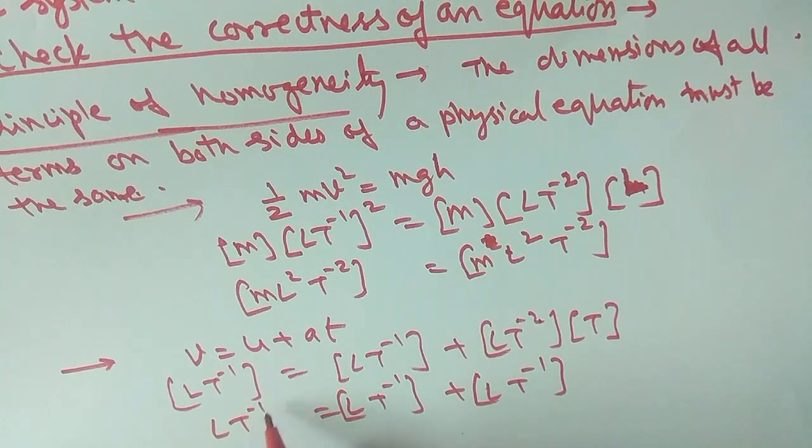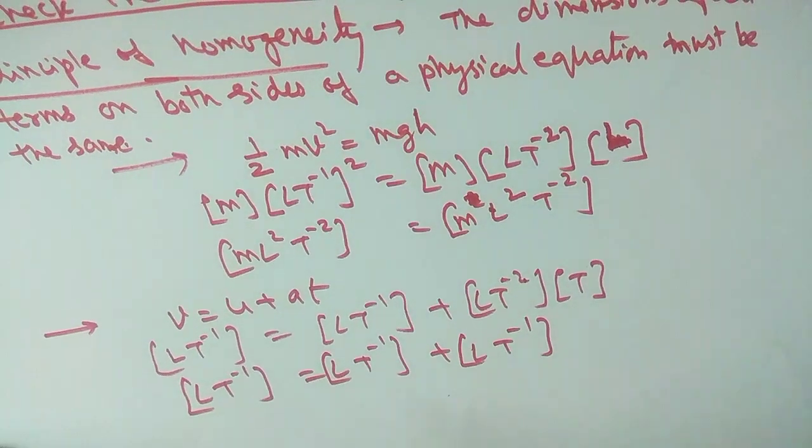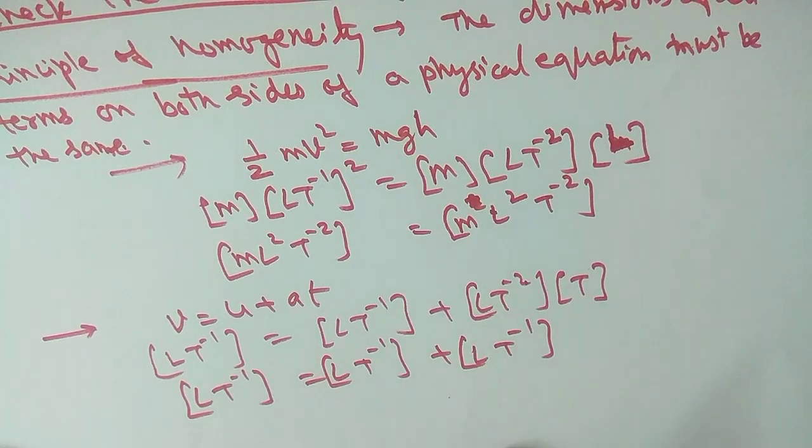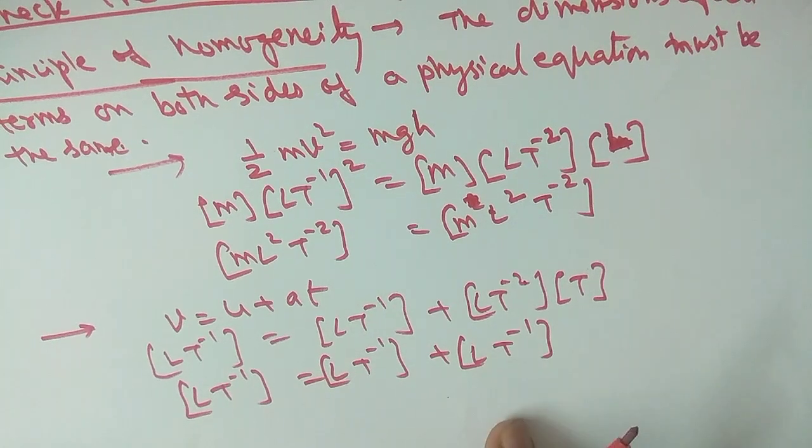So we can see here the LHS is equal to RHS, that is speed is equal to speed plus speed, or velocity is equal to velocity plus velocity. These are the same physical quantity. So this is the principle of homogeneity.